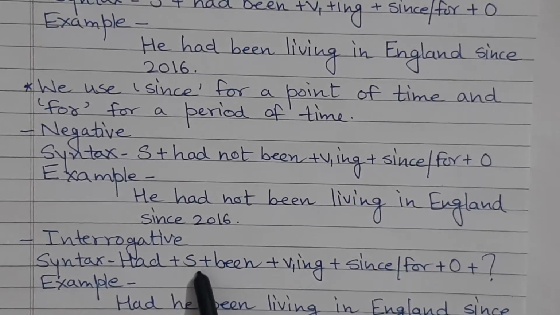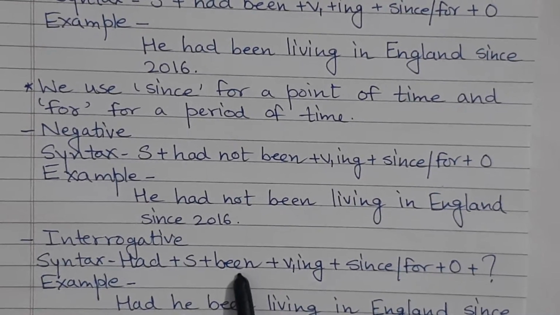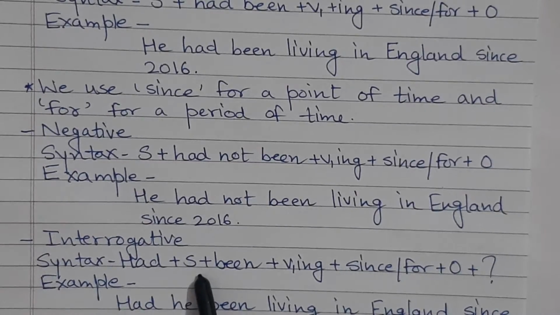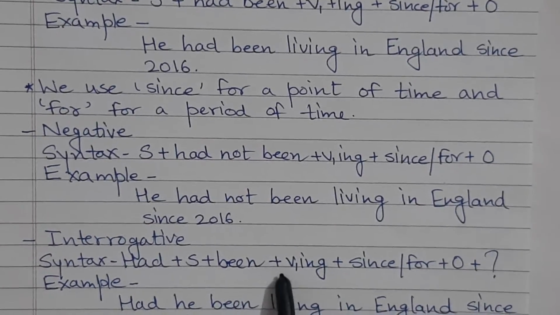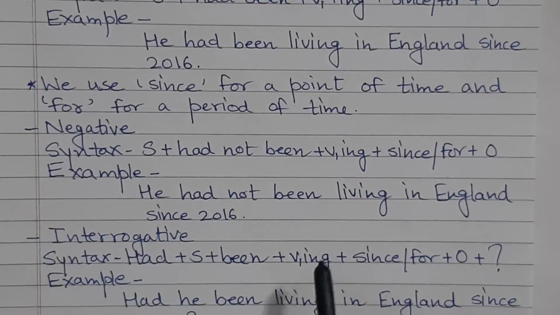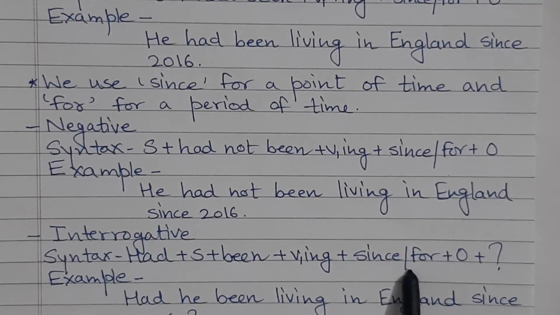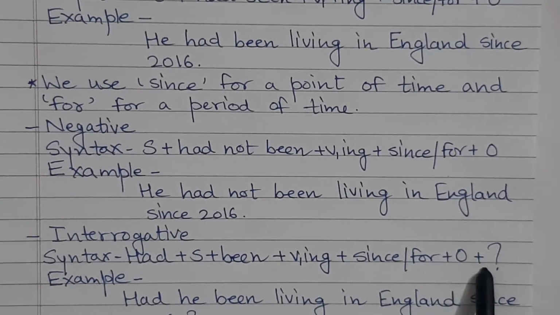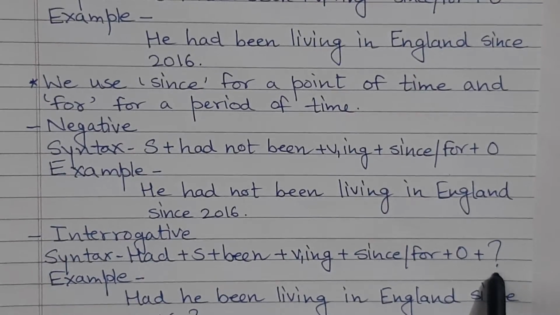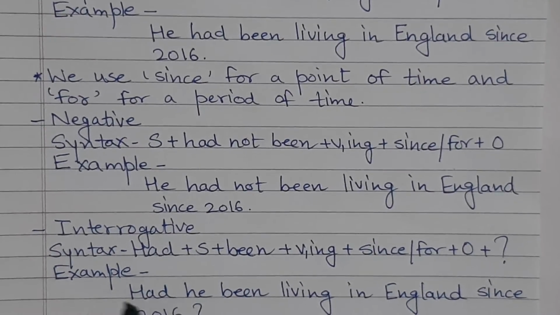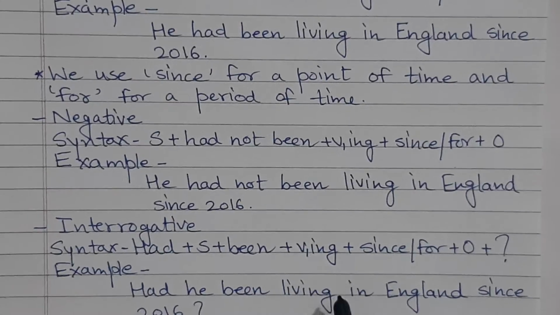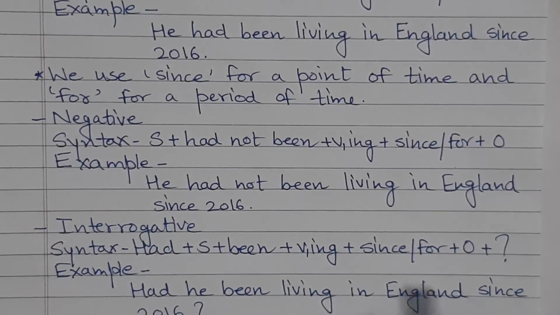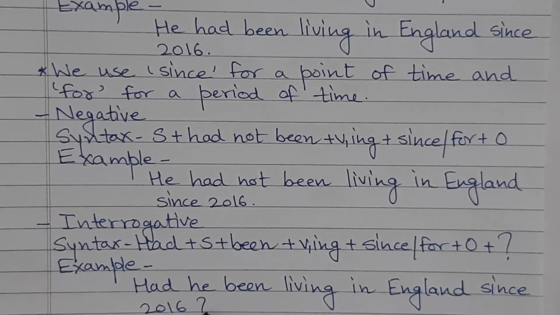Had, then subject, then been, then V1 ing plus since or for plus object plus sign of interrogation. For example, had he been living in England since 2016?